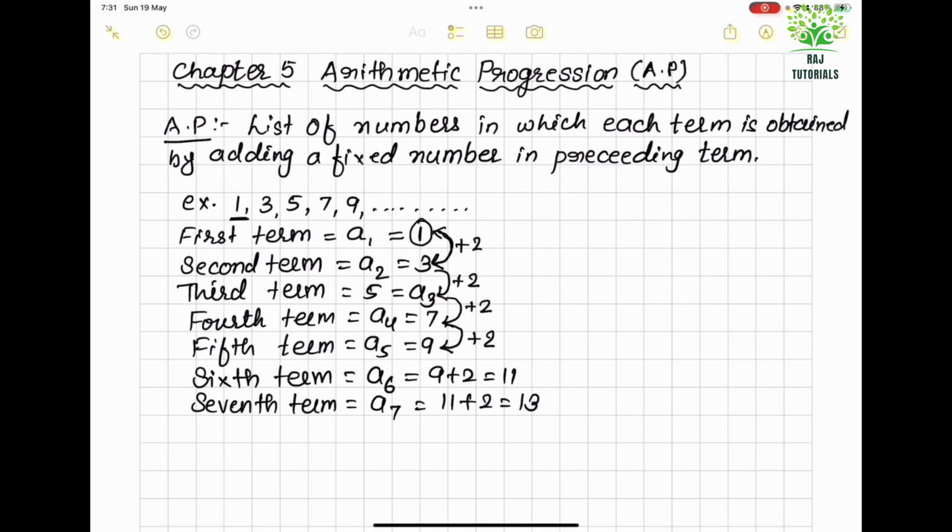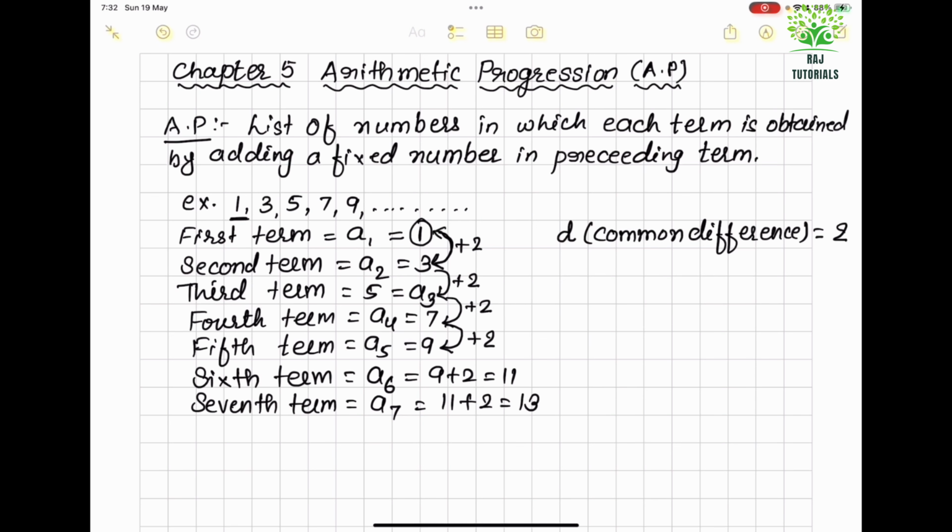Now see here, this plus 2 is nothing but it is called D, that is common difference. Here it is 2. It can be plus, it can be minus, it can be 0.